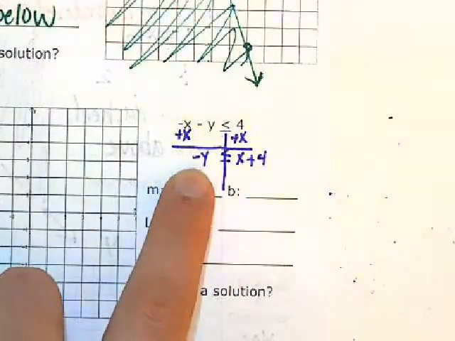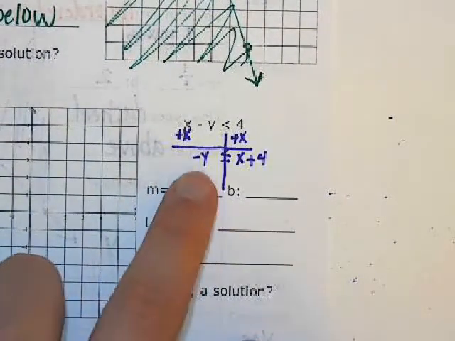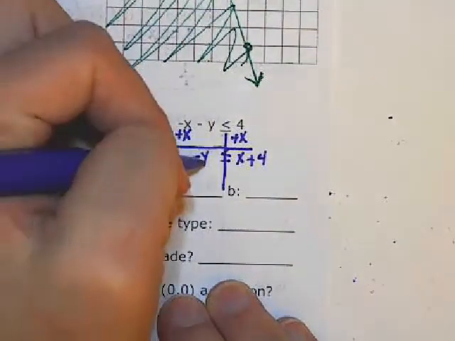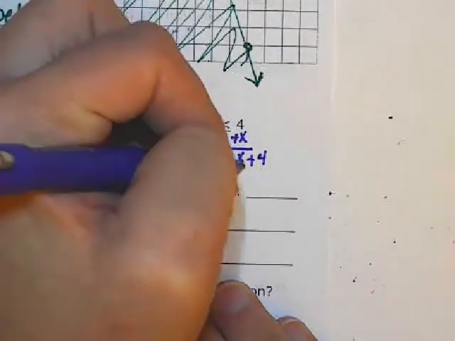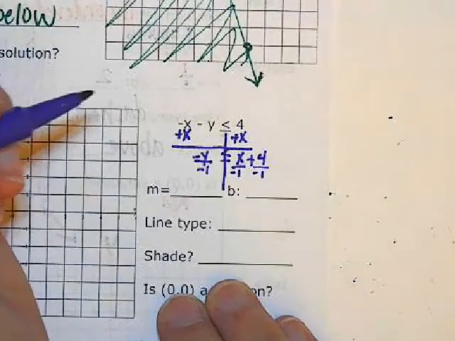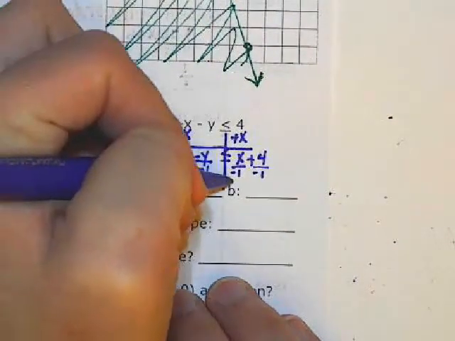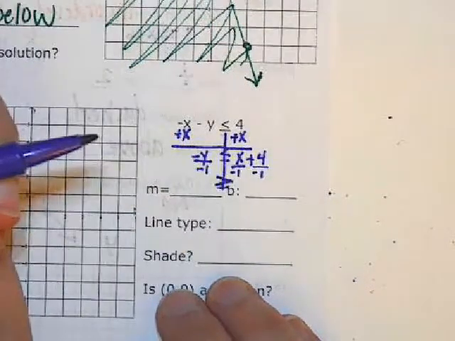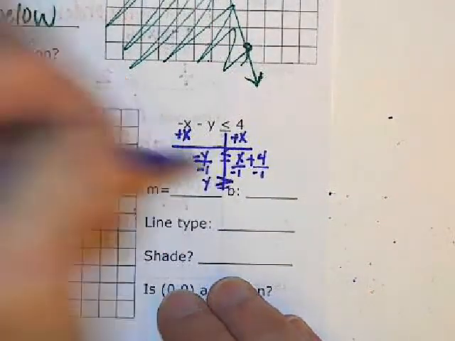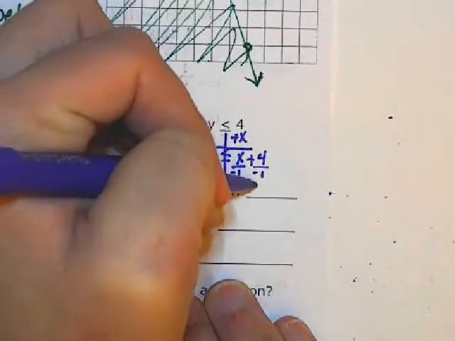What do I need to do? Divide by negative 1, because there's a negative sign in front of the y. What happens when you divide by a negative? The sign changes. So y greater than or equal to negative x minus 4.